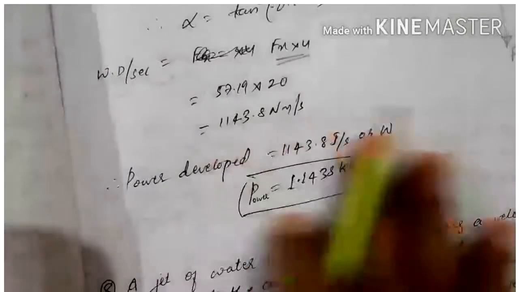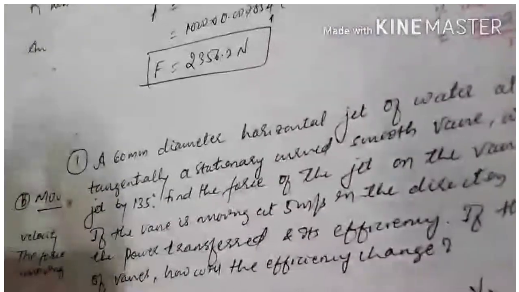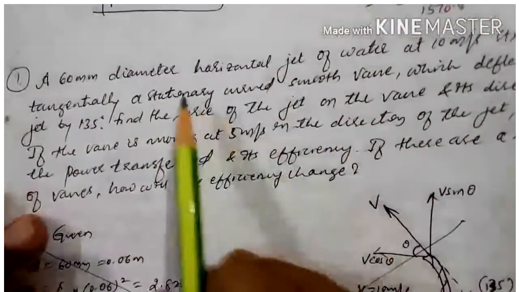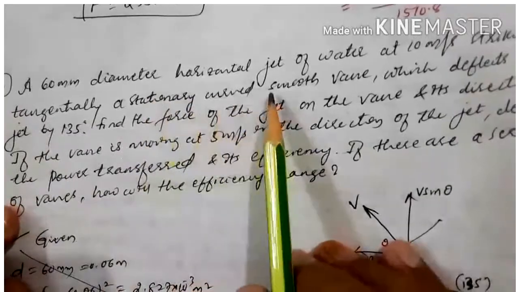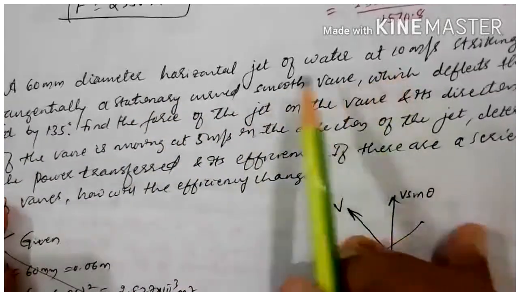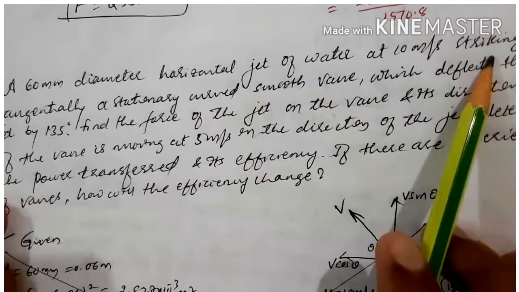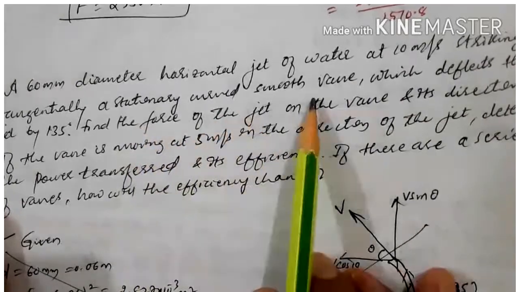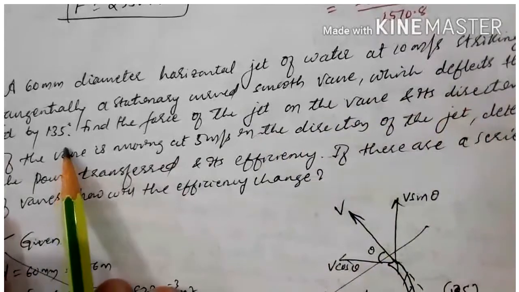Okay, I hope you understood these types of problems. So please practice them. Let us take one more example, which is a very important example. In this problem, a 60 millimeter diameter horizontal jet of water at 10 meter per second strikes tangentially a stationary curved vane, a smooth vane, which deflects the jet by 135 degrees.